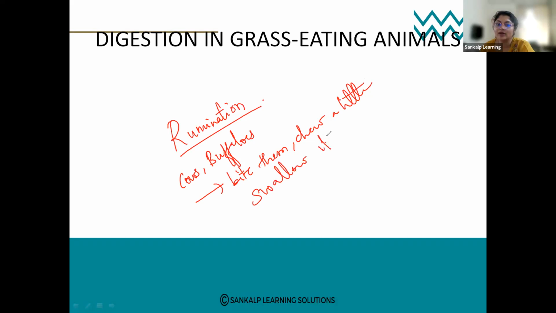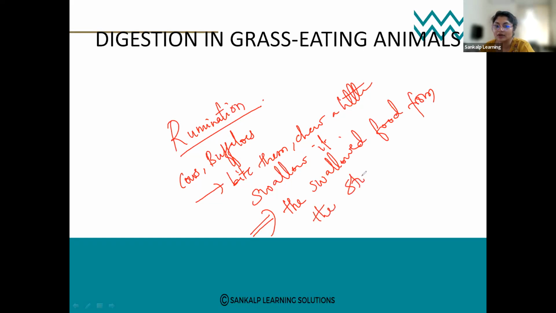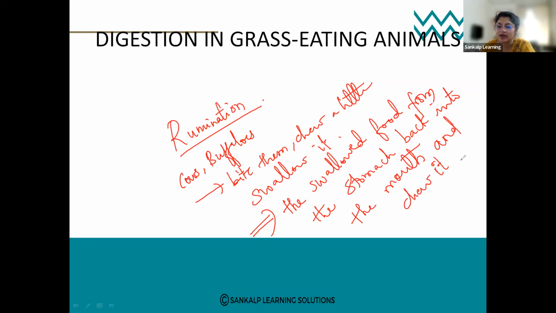Then whatever swallowed food is there, it is taken back from the stomach into the mouth, and they chew it. This process is called rumination.